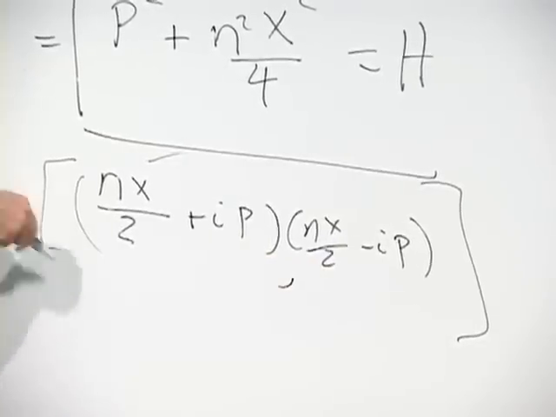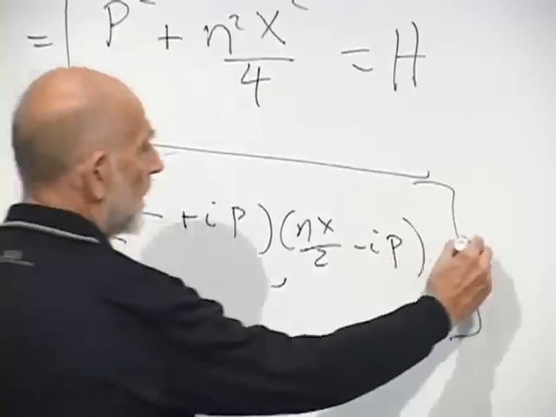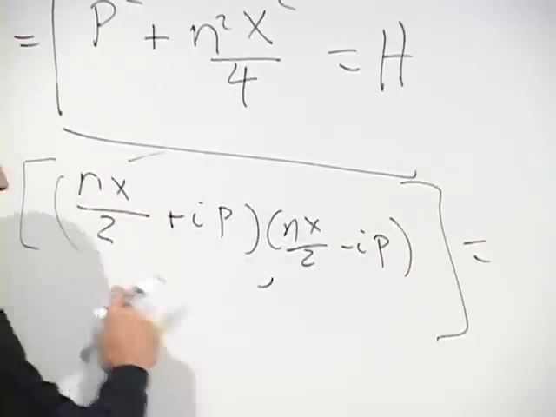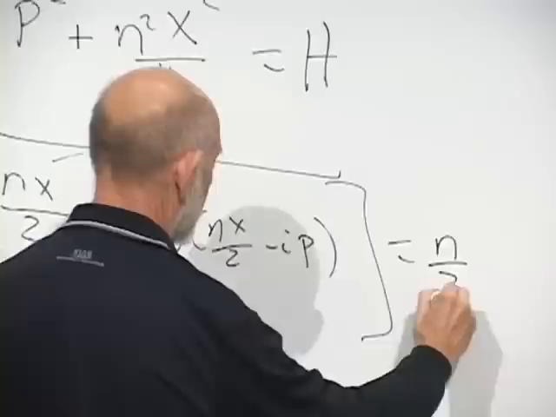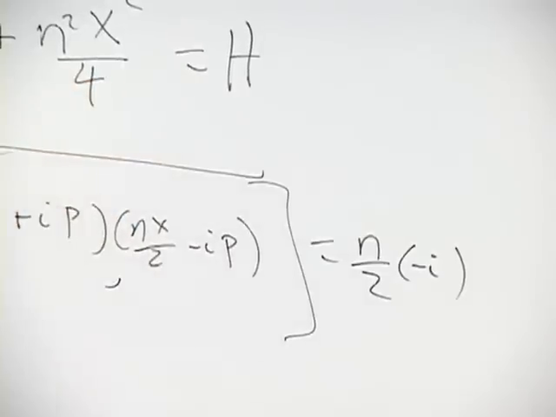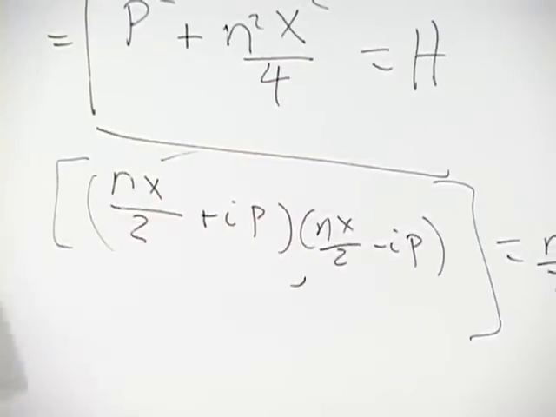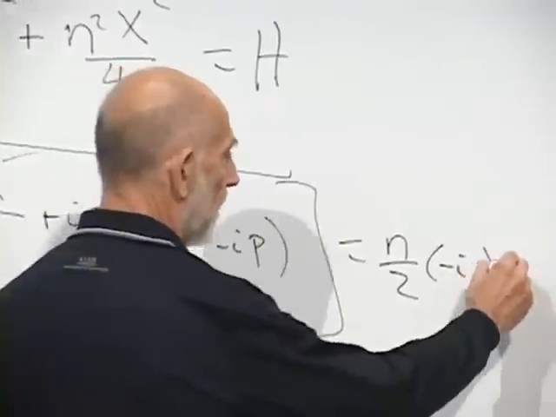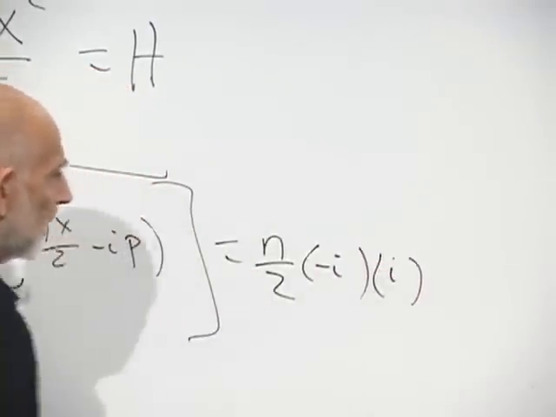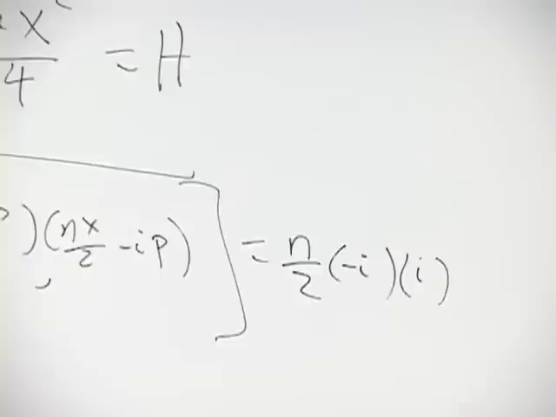If we just look at the first cross term here, that will give us n over 2. It'll give us a minus i from here. But then the commutator of x with p is plus i, so that gets multiplied by plus i. Altogether makes it just n over 2 so far.